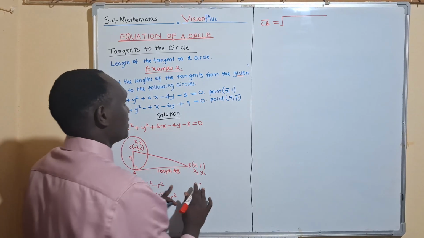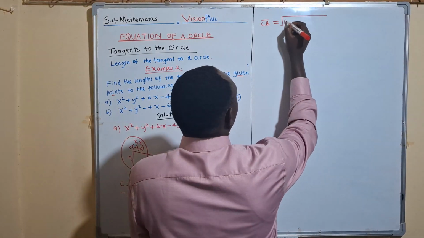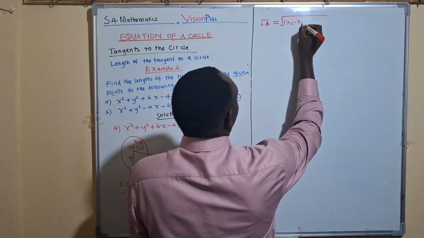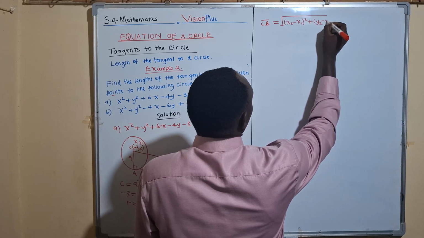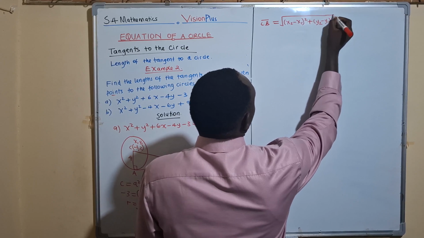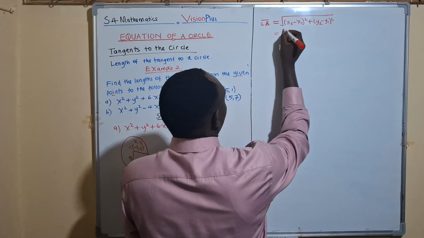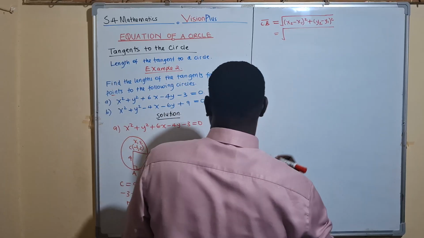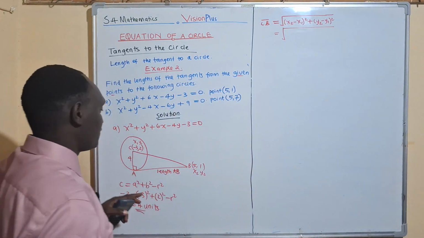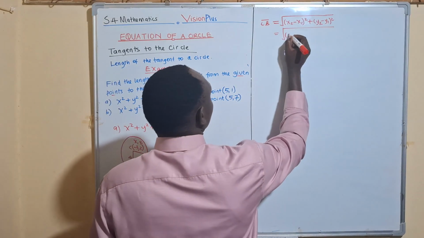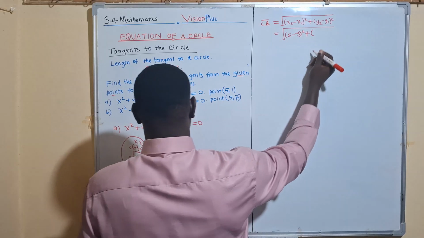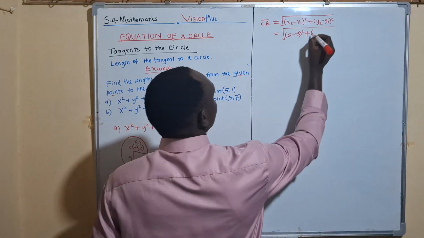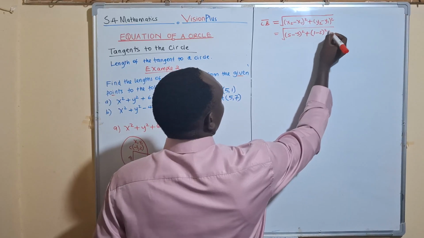And then I substitute them in the equation for the length of the line, square root of (x2 minus x1) squared plus (y2 minus y1) squared. You must be familiar with this equation now. You must know that in your head. Now substituting, x2 is 5 minus -3 squared, plus y2 is 1 minus 2, squared.